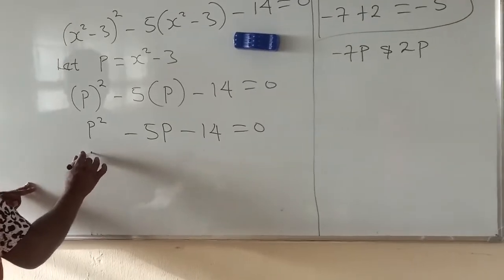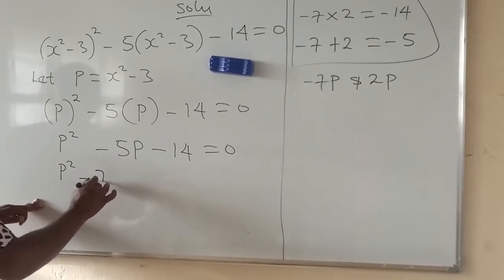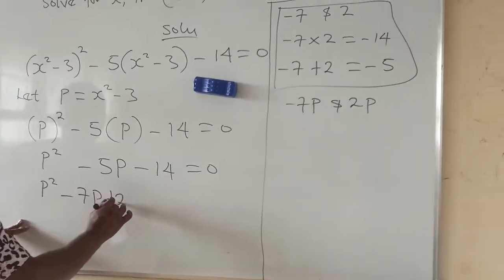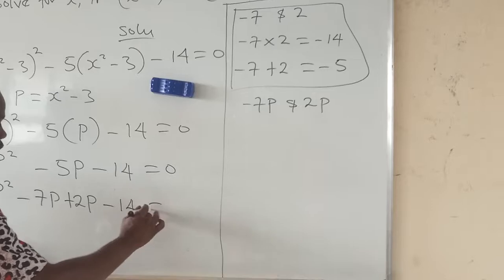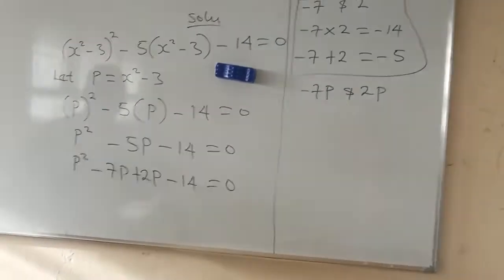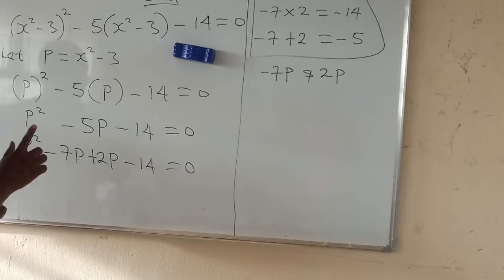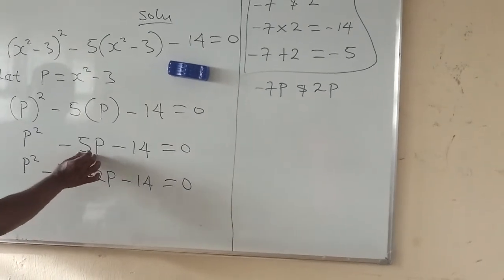It means here will be p squared minus 7p, is that clear, plus 2p minus 14, which is equals to 0. Are you following? You discover that, without one telling you, this is the same thing as this.